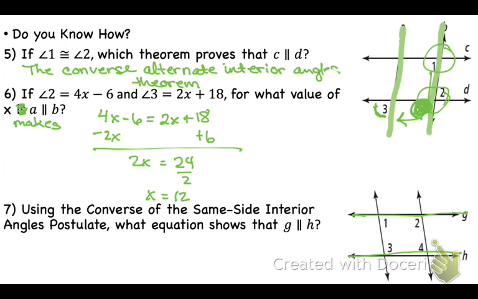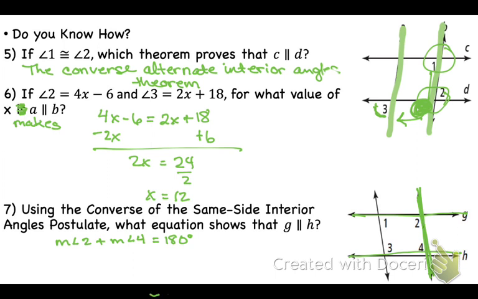And so for that to happen, we need to use a transversal. Do you want 1 and 3 or 2 and 4? 2 and 4. You guys okay with that? Okay. So what would 2 and 4 have to equal? 180. So the measure of angle 2 plus the measure of angle 4 would equal 180. Did I just write an equation?